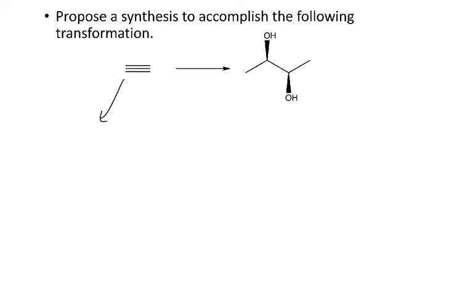So if we use NaNH2 to deprotonate my alkyne, turn it into a good nucleophile, and then if I react that with iodomethane, that'll add a methyl group to one side.